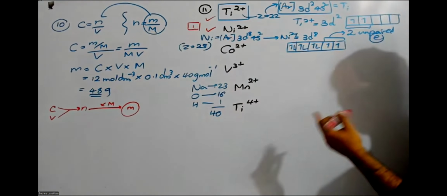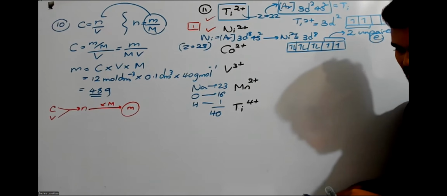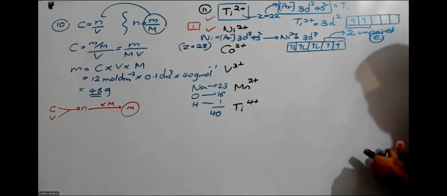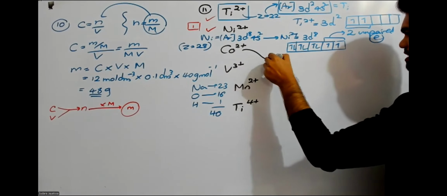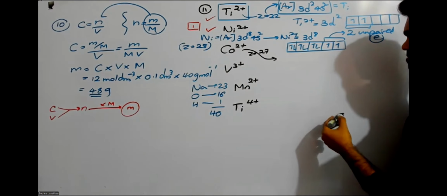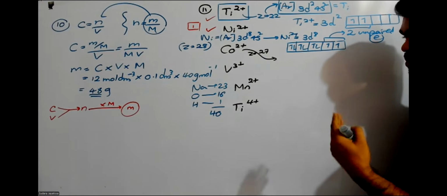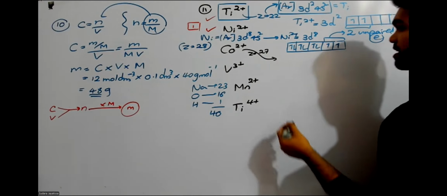And for the review, write how many unpaired electrons there are for the others. Cobalt's atomic number is 27, which was discovered by Moseley, remember, in the first MCQ.